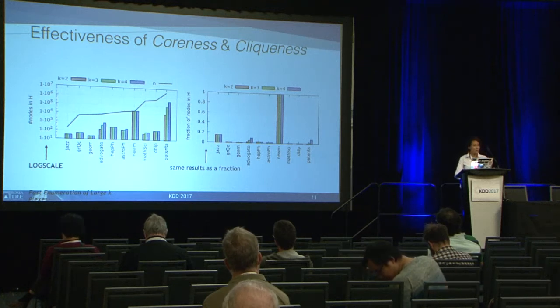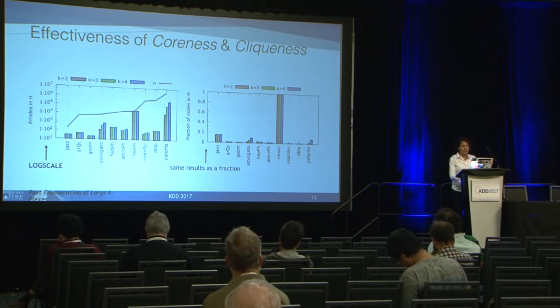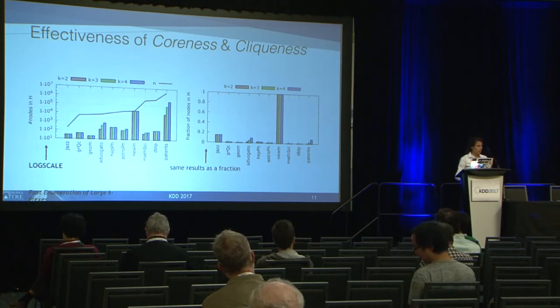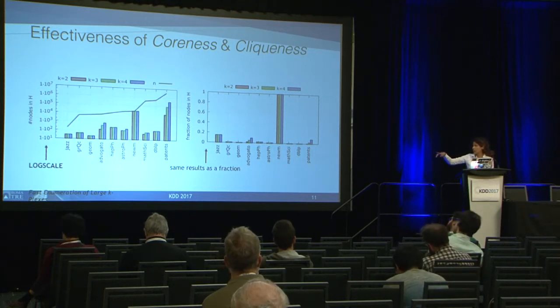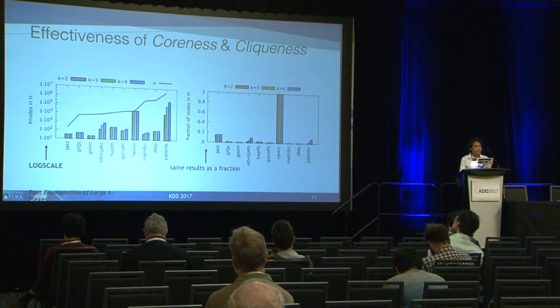And you can really use even trivial enumeration techniques, and that will not last longer than seconds of computation. Specifically here, I have a plot. The y-axis is in log scale, and you have the number of nodes surviving the coreness and cliqueness criteria applied.